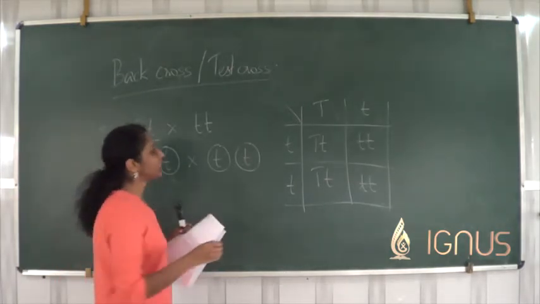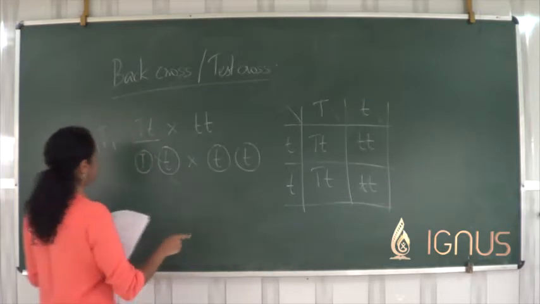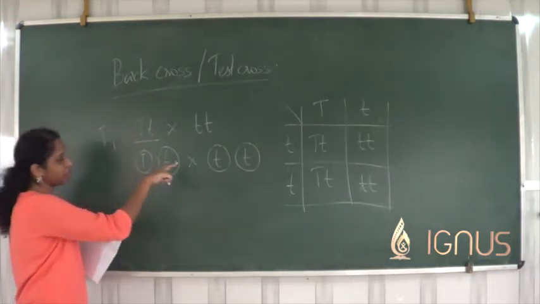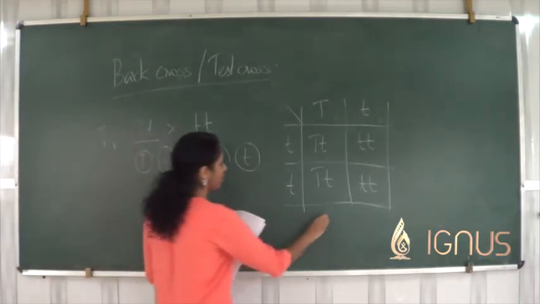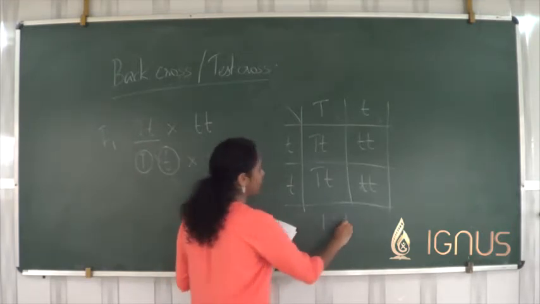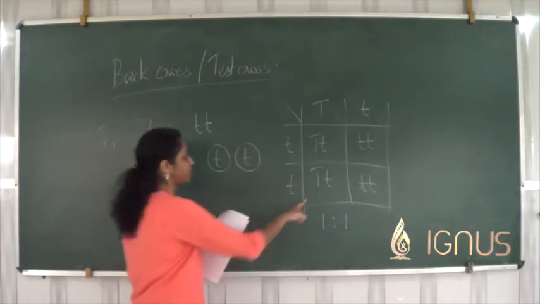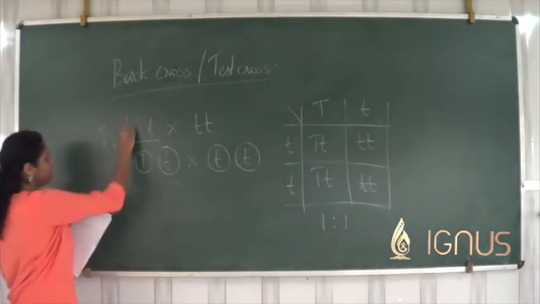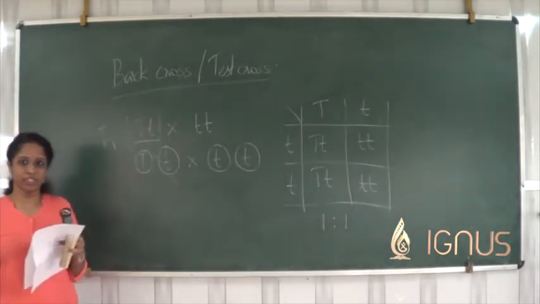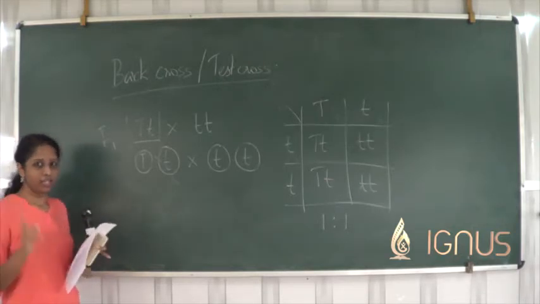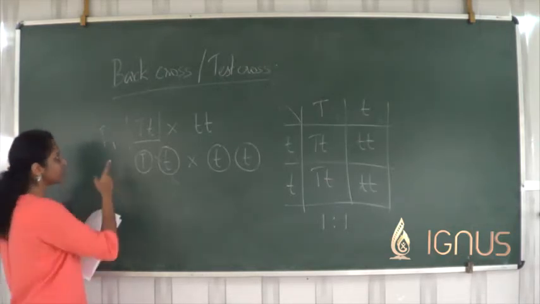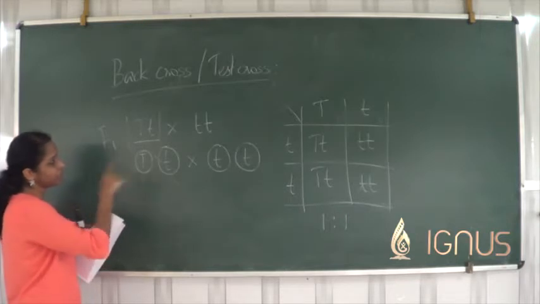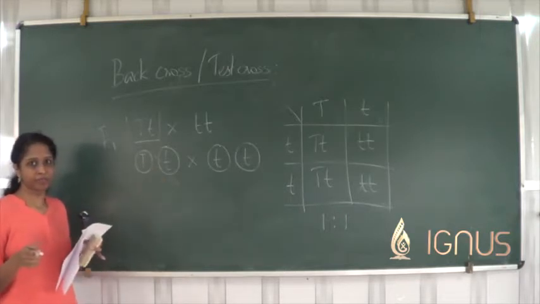So if you get an answer after crossing F1 with a double recessive parent wherein it's a 1:1 ratio of tallness to dwarfness, then you know that the genotype of the F1 generation was heterozygous. Because if it was homozygous, then you would get all of them being tall, correct?